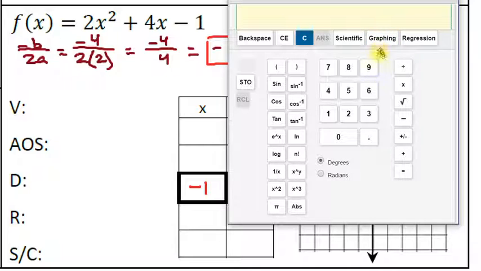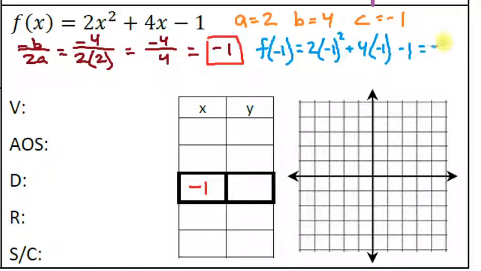So we've got 2 times parentheses negative 1 squared, plus 4 times negative 1, and then minus 1. Check it out. I put all my variables in parentheses, press equal, and we've got negative 3. So the y value of our vertex is negative 3.